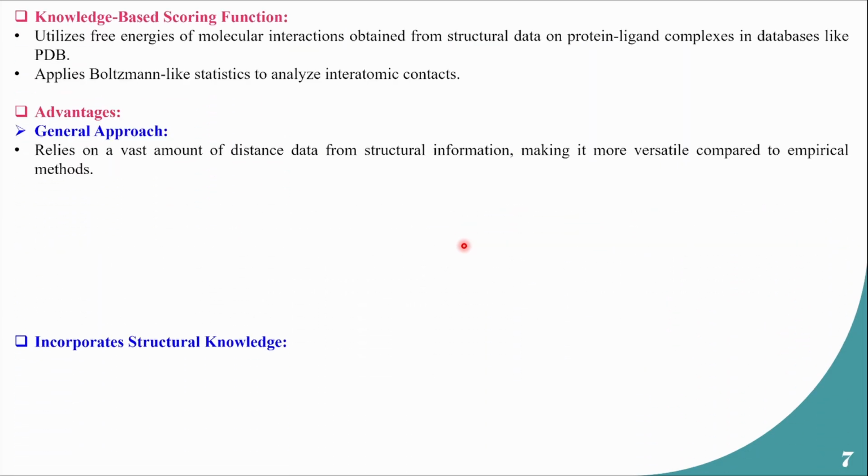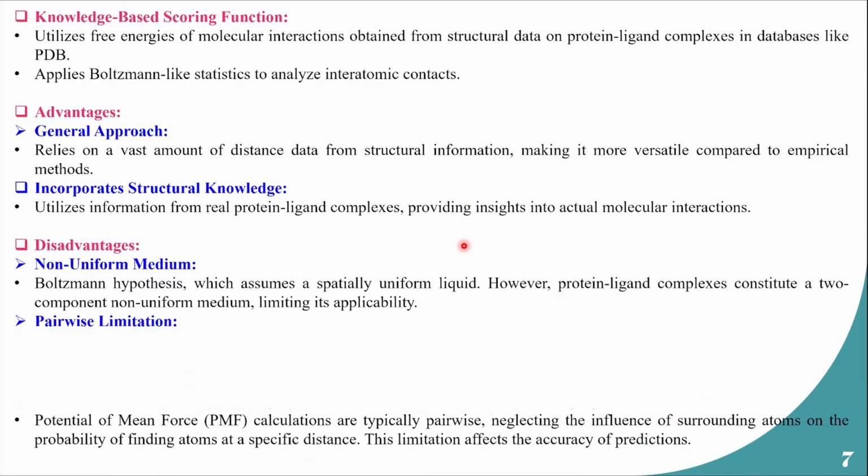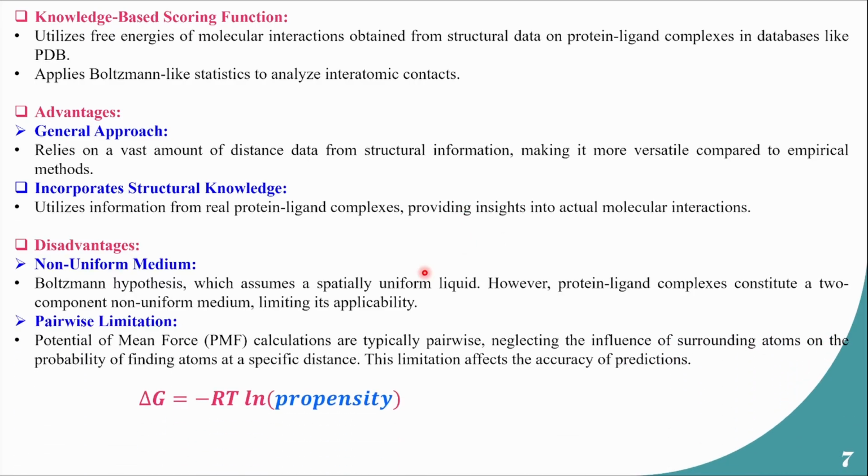Then you also had knowledge based scoring functions, which we learned about, for example, in PMF, which uses basically this Boltzmann hypothesis, and calculates in terms of certain parameters the energy of a system. So here we have given, in terms of propensity, some energy difference being calculated.